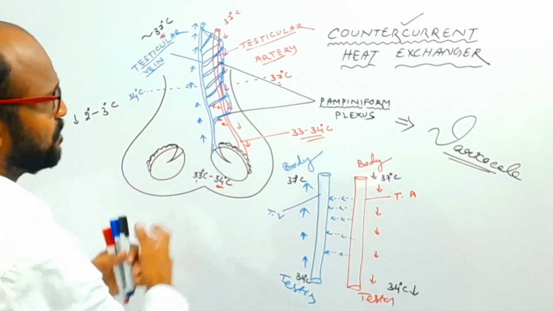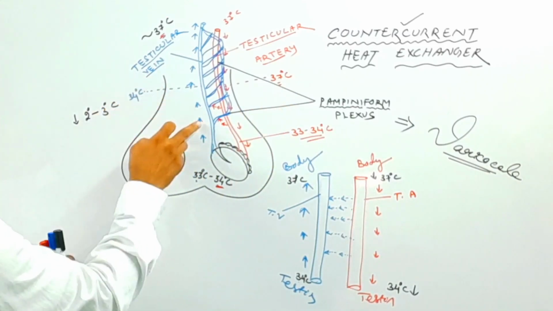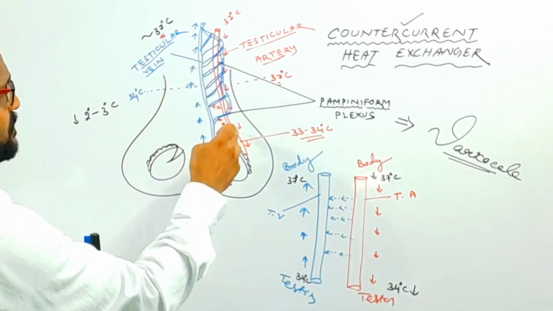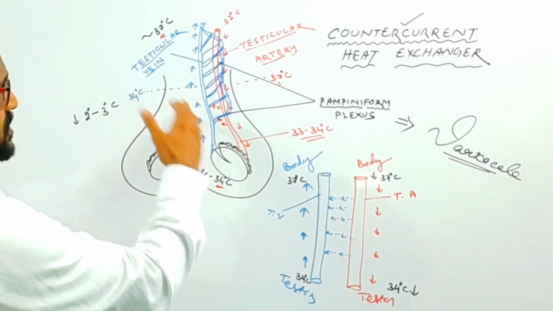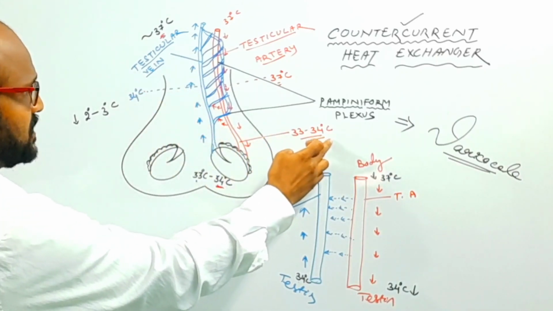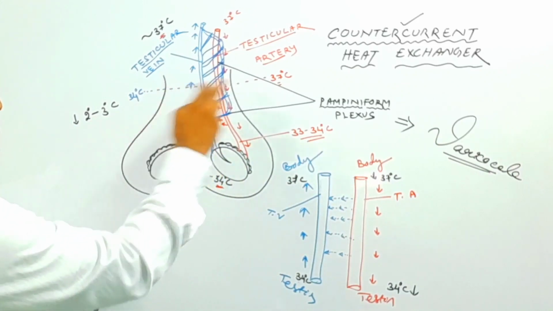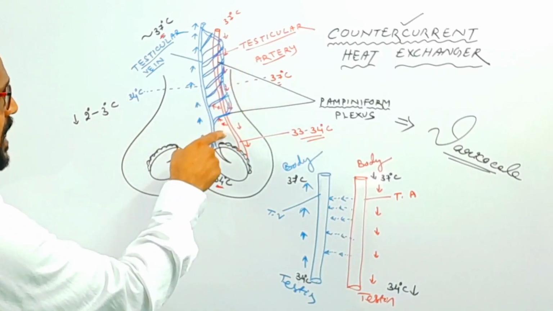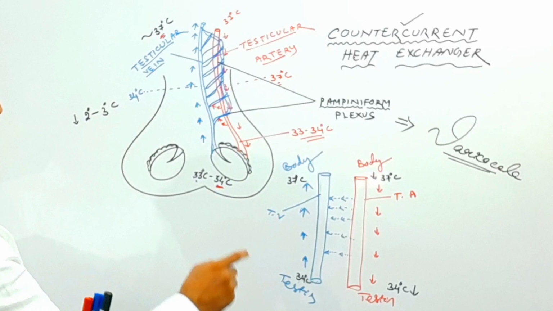The blood of the veins absorbs the temperature from the artery, and the blood of the artery loses temperature, reducing to 34 degrees centigrade, while the blood flowing inside the pampiniform plexus absorbs the temperature from the testicular artery and becomes 37 degrees centigrade.